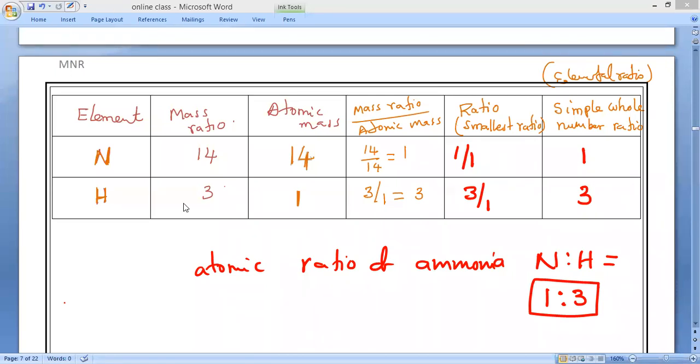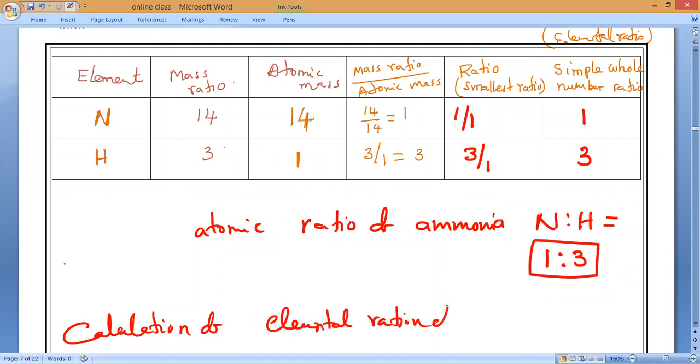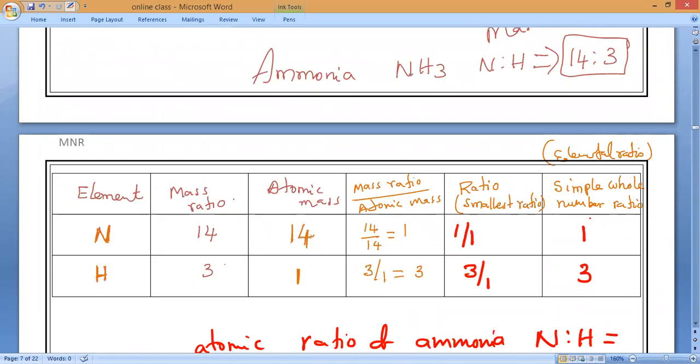Yes, sir. Next question. Calculation of elemental ratio of carbon dioxide. Anybody having a mass ratio doubt?